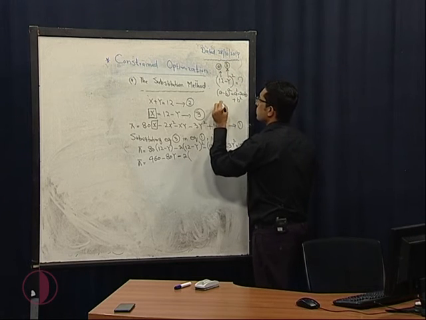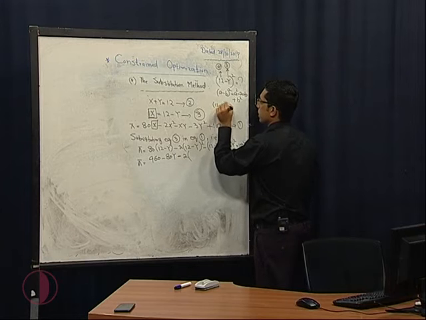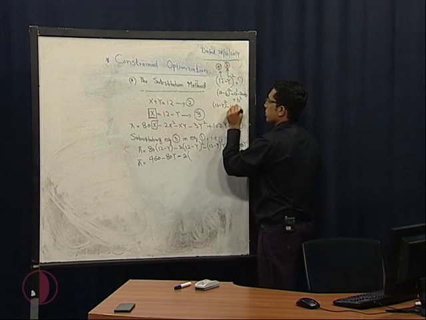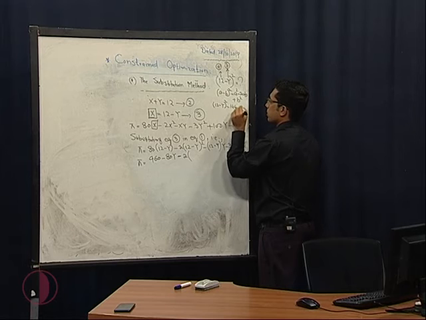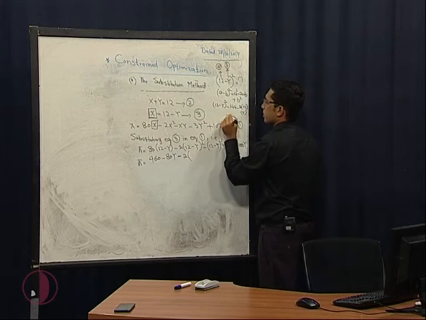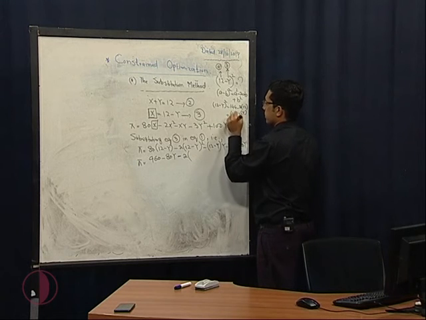Substitute. So, we can write 12 minus y whole square as a square, 12 square, 144, minus 2 into a, 12, into b, y, plus b square, y square.